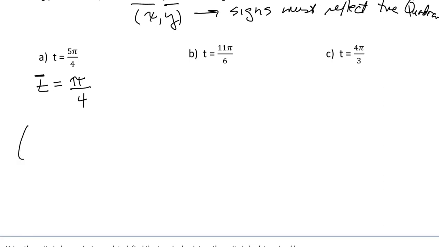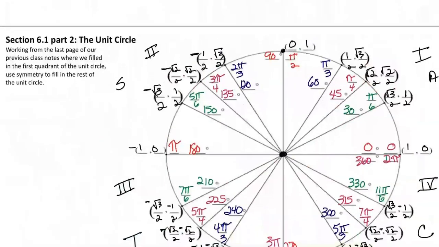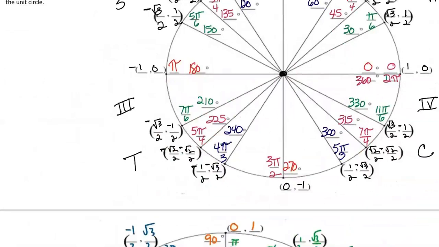Okay, what's your terminal point? Well, I know that my reference angle has these x and y values, but now where is this guy located? Let's go back to the unit circle, and 5 pi over 4 is right here, in quadrant 3.